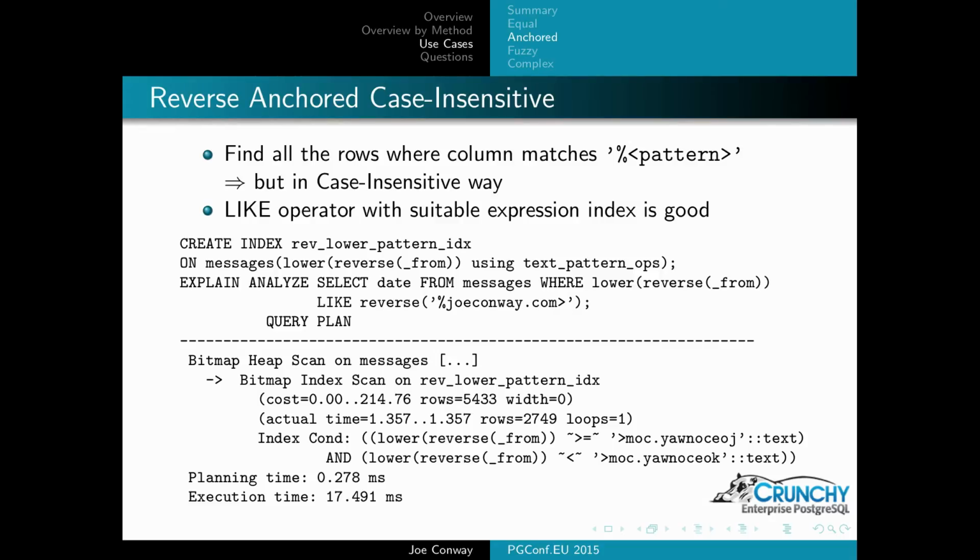And now when we do the search, we're going to have to do lower reverse from, and we're also going to have to reverse our pattern. But when we do both of those things, you can see we get use of the index, and it's actually not too bad. This one is less than 20 milliseconds.